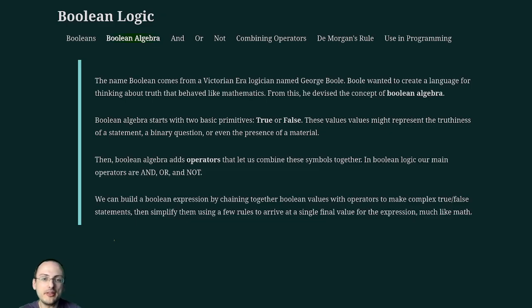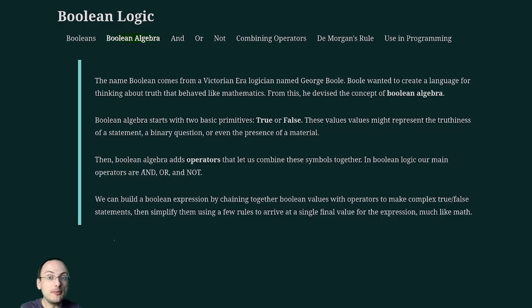If you remember that Boole originally thought about these as applying to sentences, then you can see the intuition of how these operators are going to be used. And lets us combine two things in a conjunctive statement. It says, is this part true and is that part true? Or lets us create choices, and not flips things.